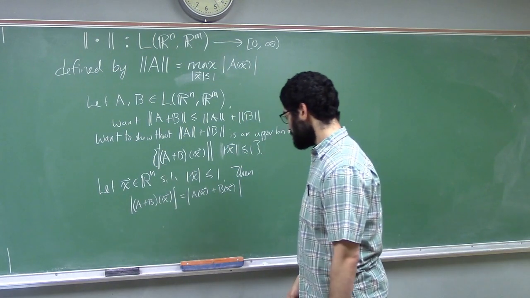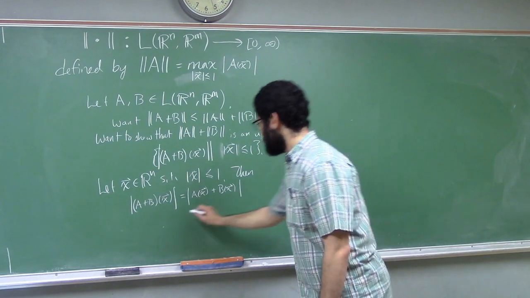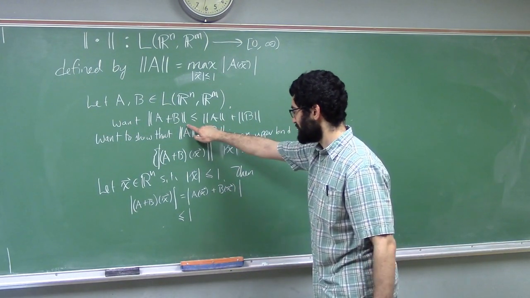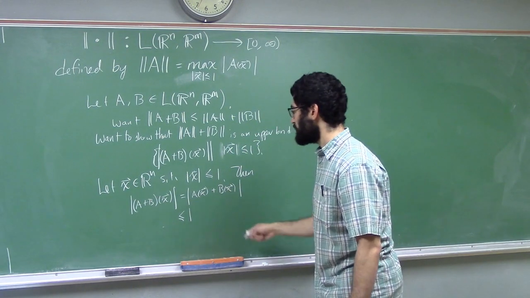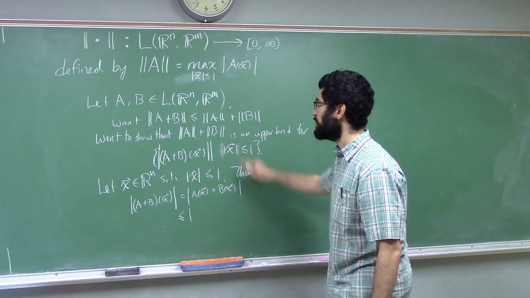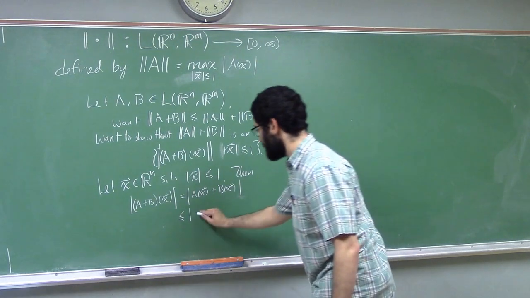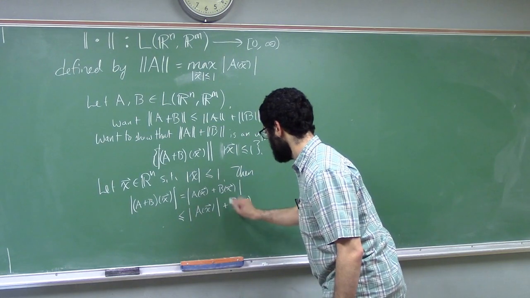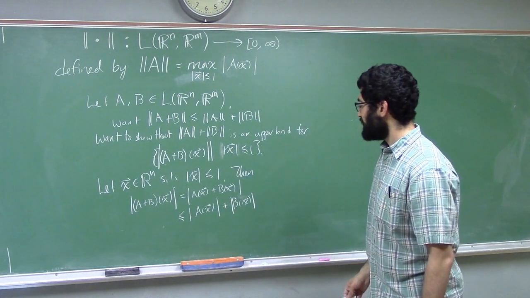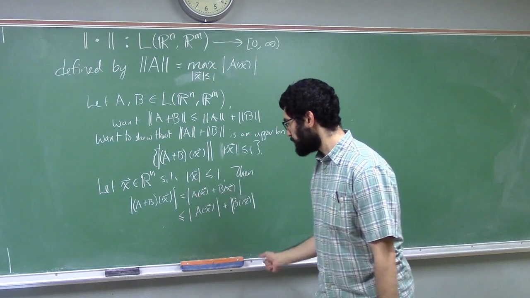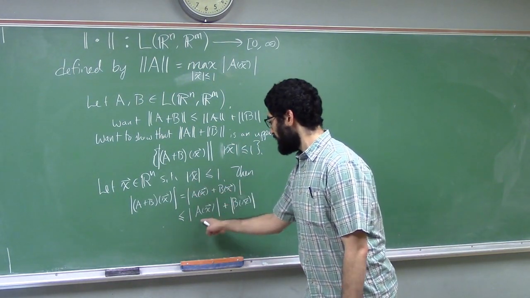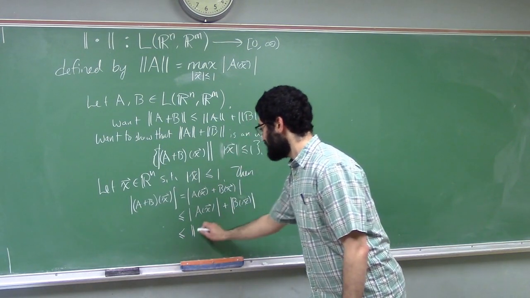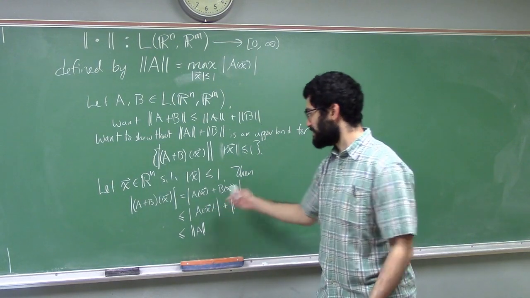And by the triangle inequality, so I'm proving the triangle inequality for these double bars, but we already have the triangle inequality for the basic Euclidean norm in Rm, so I can use that. By that triangle inequality I have this. And then, since X is in the unit ball, the norm of Ax is bounded above by the maximum of the norm of Ax for all X in the unit ball.